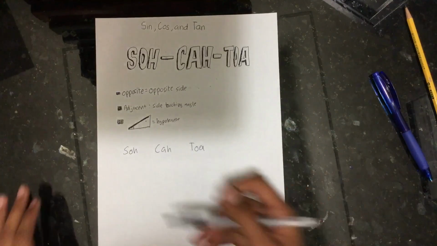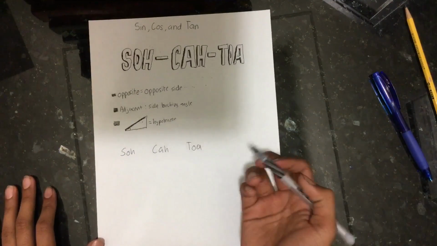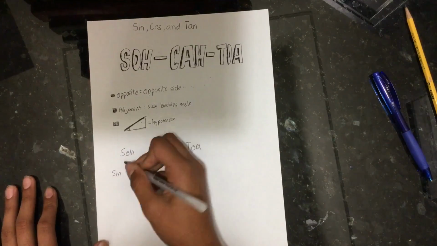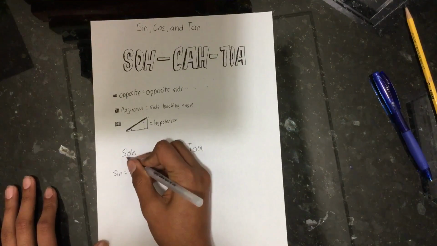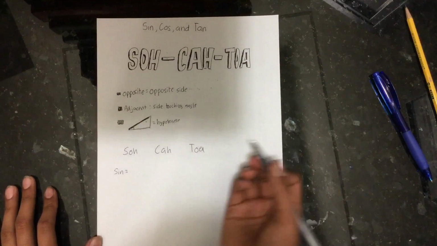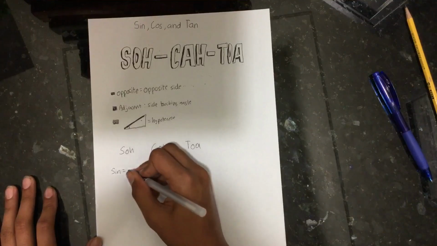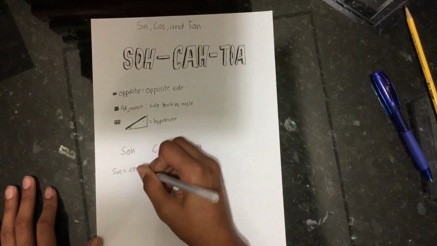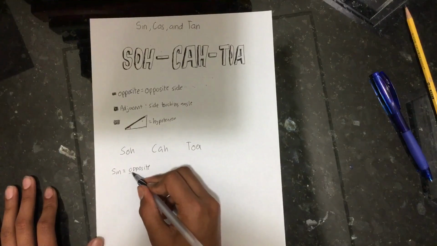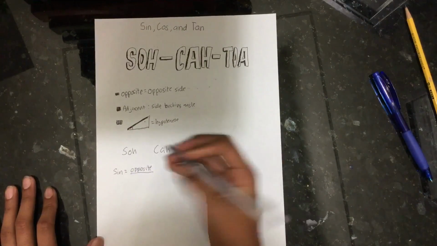S stands for sine. Sine is equal to, imagining an equal sign between S and O. And as you can probably guess by now, O is opposite. And actually what you do after this is you divide it by hypotenuse.